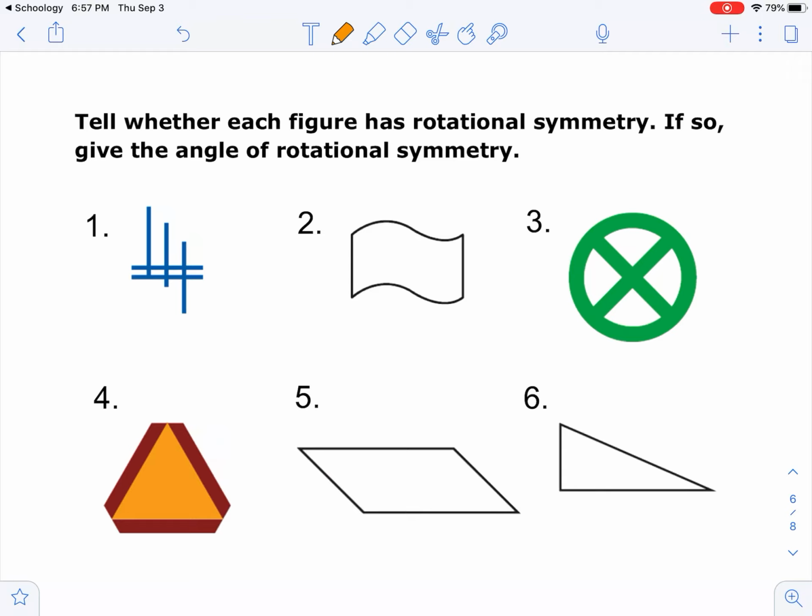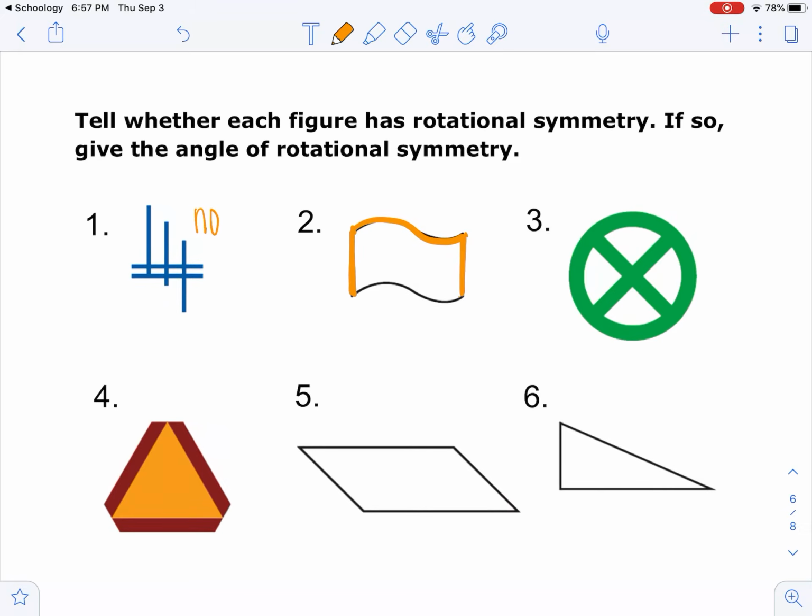Okay, so let's look at these and see if they have any rotational symmetry. Can I rotate this figure and it'll look exactly the same at any point? No. Okay, the next one, if I rotate this figure, will it ever look the same again? This is I think the most confusing one. So I always say there's these straight lines right here, which I see, but then there's a curve up top and then it dips down.